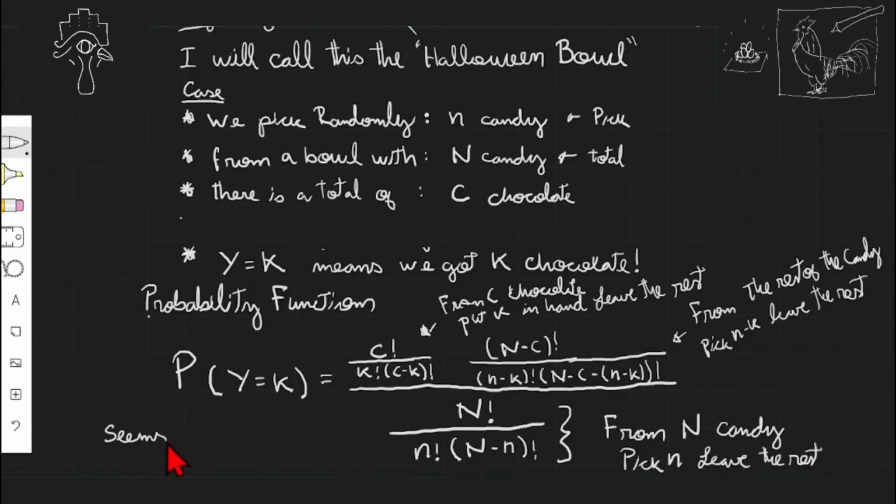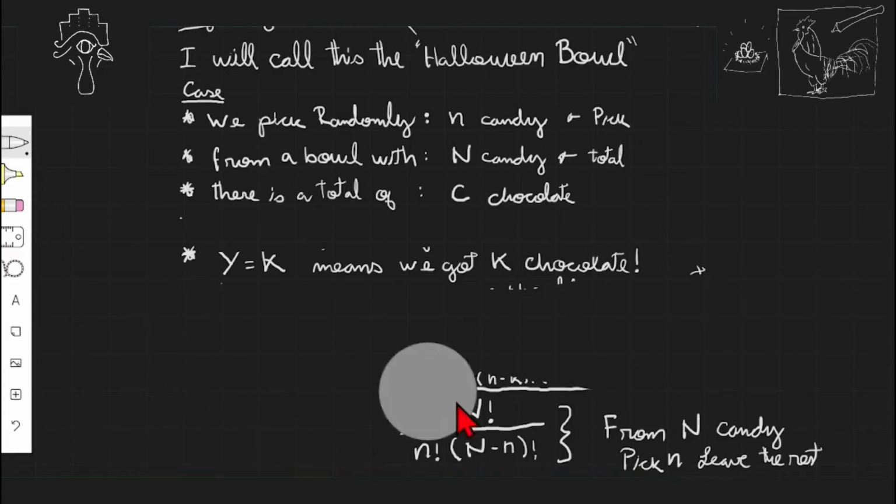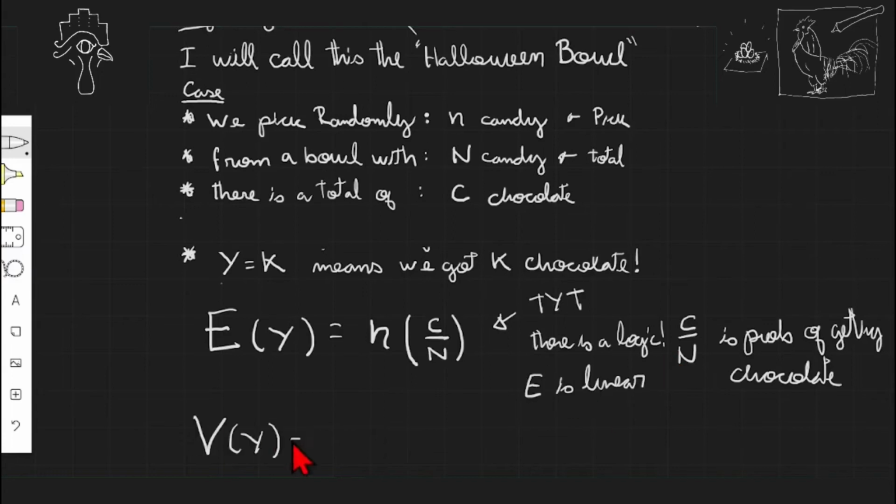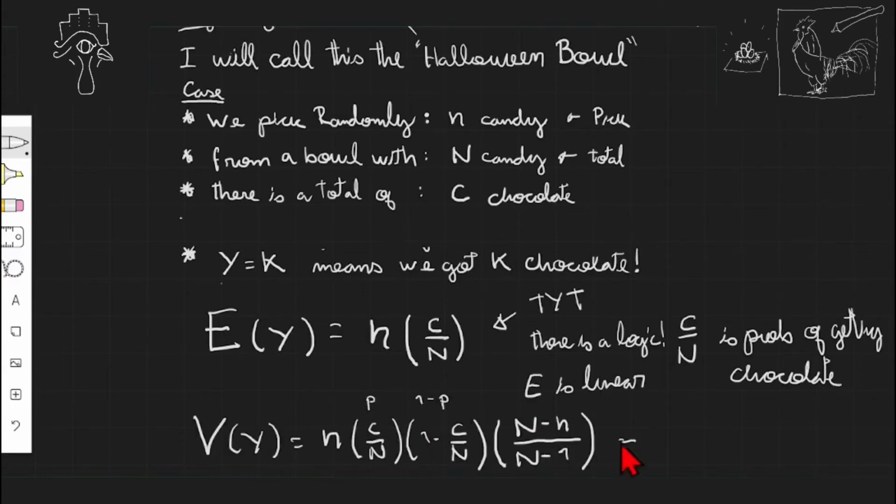Now we show you formulas for the mean and the variance, but we will not prove them here. You can think about the mean formula, but the variance I think is not worth it for the moment.